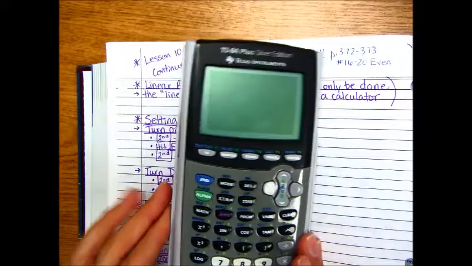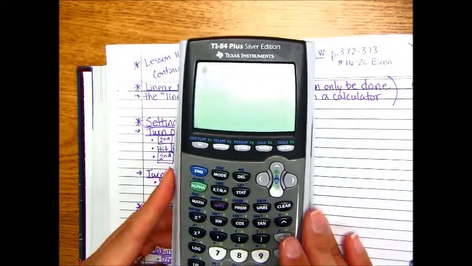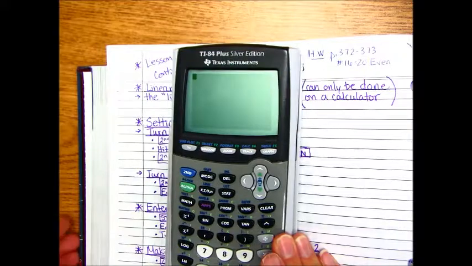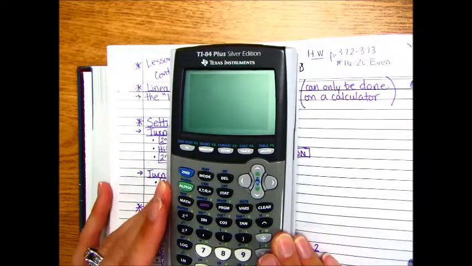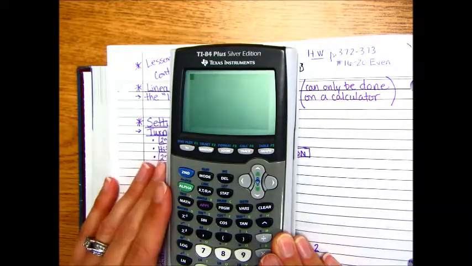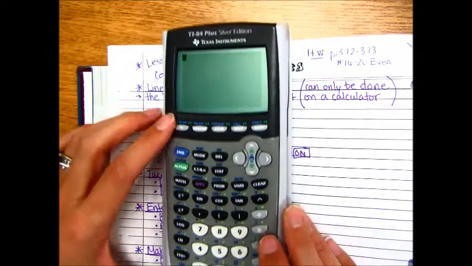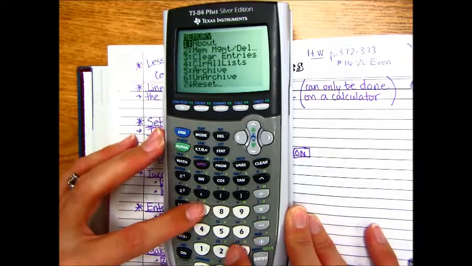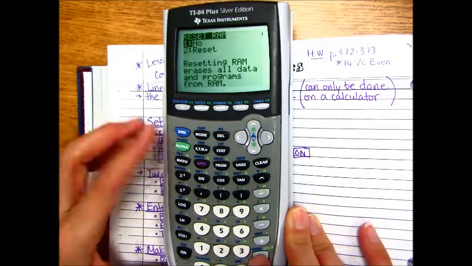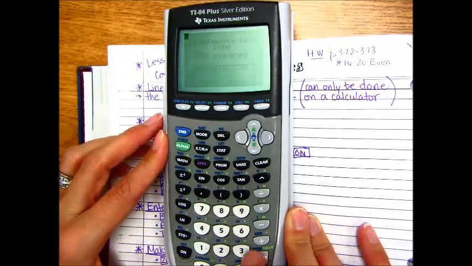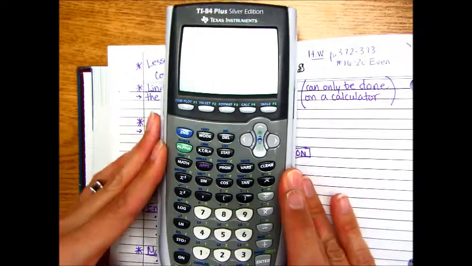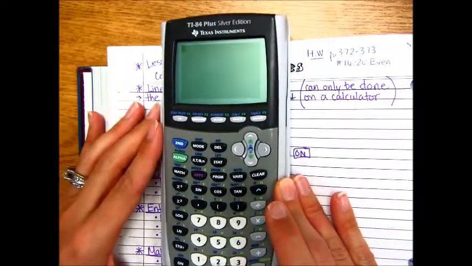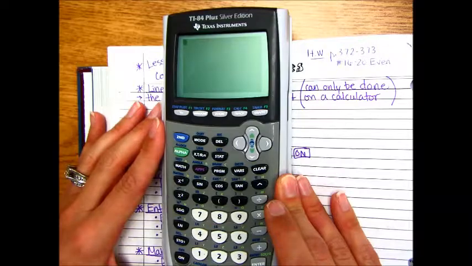Because you never know what settings another class period has gotten into the calculator, it might always be a good idea to look up at the whiteboard and do those reset steps. It's second, plus sign, 7, 1, 2. And then you could hit enter or clear to get that off of there. That way you know that nobody else's settings are going to be interfering with what you're trying to do.